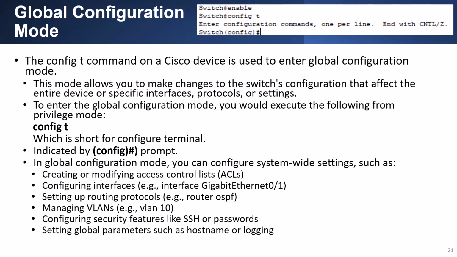It is indicated by the config # prompt. In global configuration mode, you can configure system-wide settings such as creating or modifying access control lists or ACLs, configuring interfaces, setting up routing protocols, managing VLANs, configuring security features like SSH or passwords, and setting global parameters such as host names or logging.